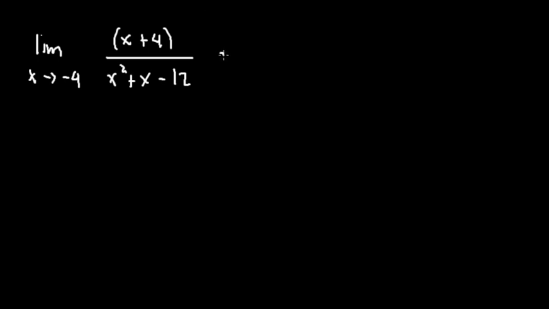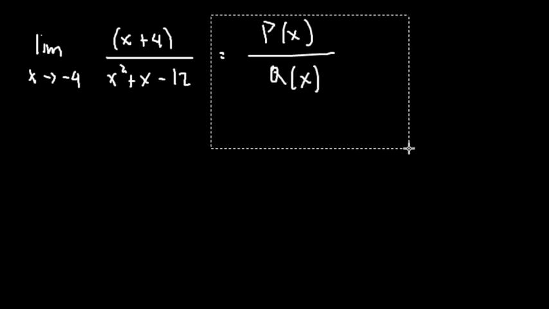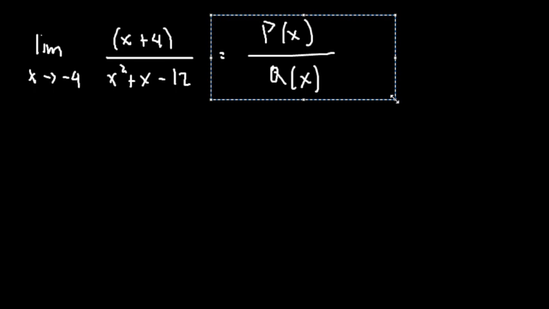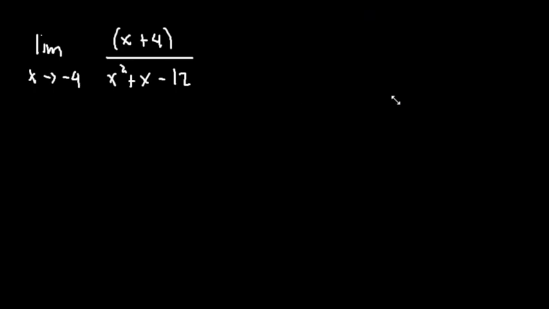A rational function is a function in the form of p of x over q of x. So unlike polynomial functions, may tendencies na ang limits ng rational functions may or may not exist.